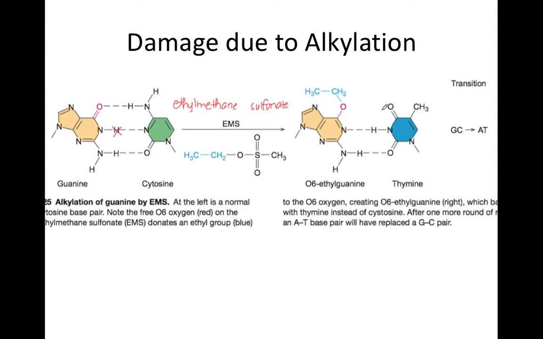So the effect is that thymine becomes the best pair for this alkylated guanine. Technically, this is DNA damage. Your base is modified. But if you use this as the reference strand, the complementary strand will incorporate thymine instead of cytosine.